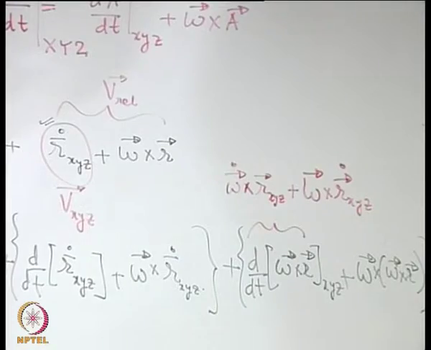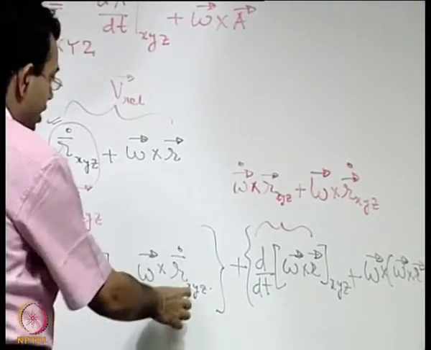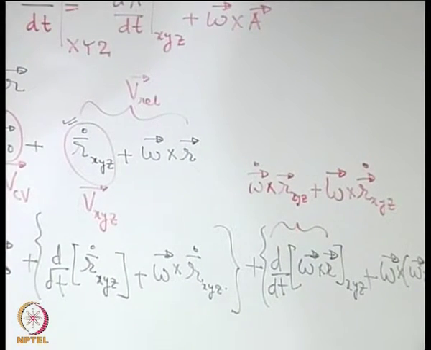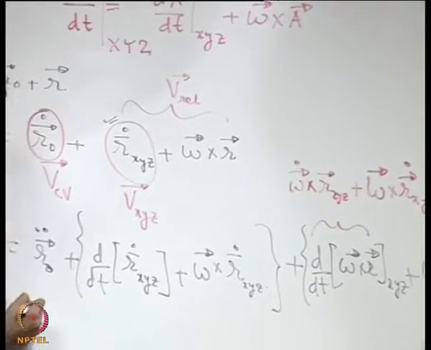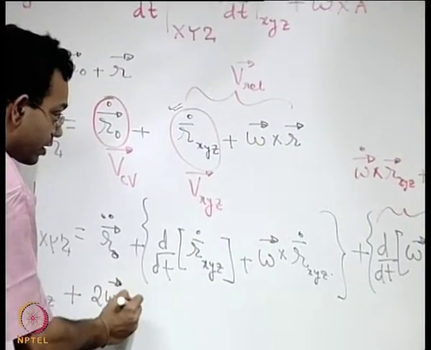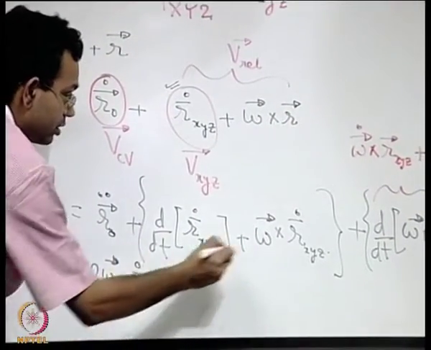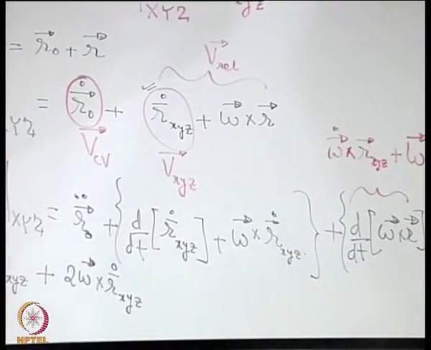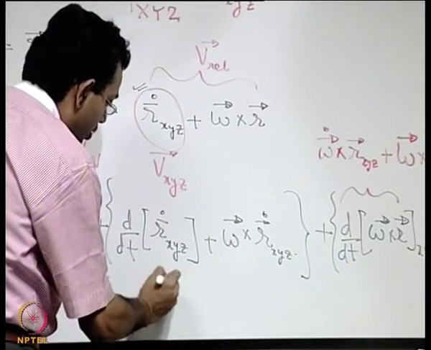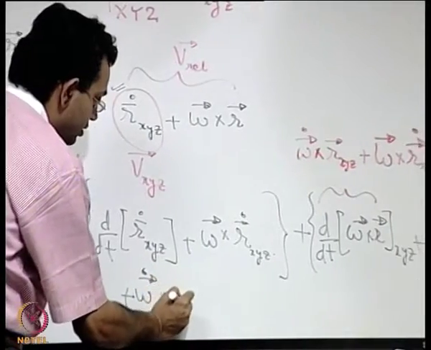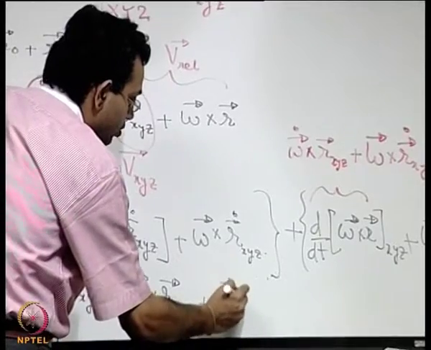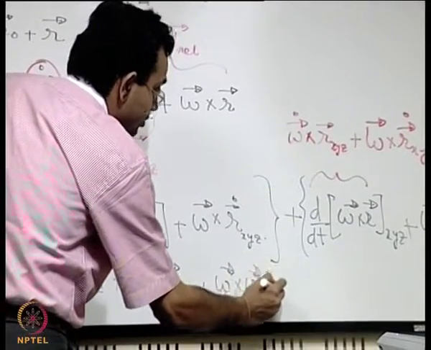So, if you collect now omega cross r dot small xyz and this omega cross r dot small xyz, it will become 2 omega cross r dot small xyz, then you have omega dot cross r small xyz plus omega cross r.